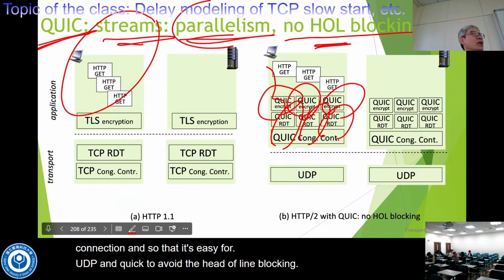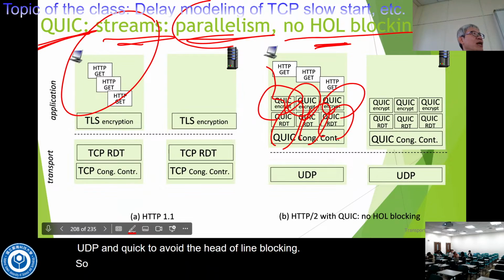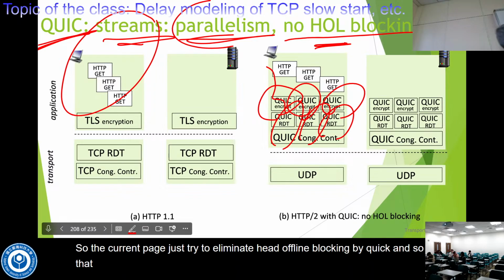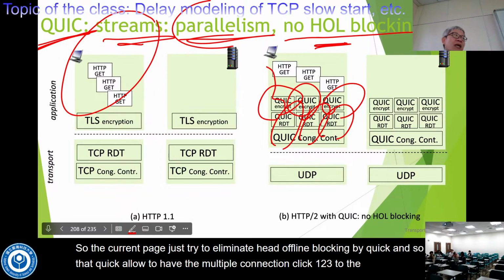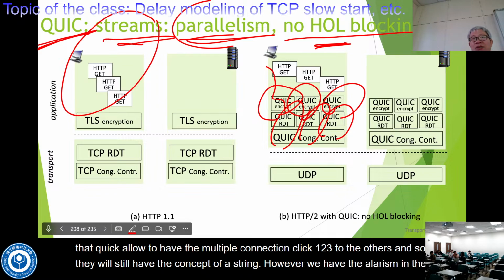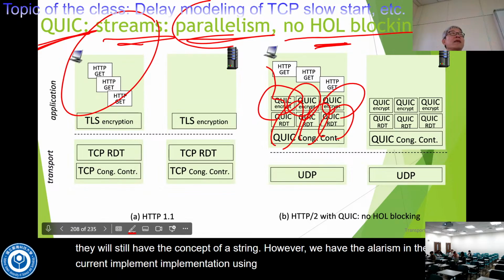So the current page tries to eliminate head-of-line blocking by QUIC, so QUIC is allowed to have multiple connections, QUIC 1, 2, 3 and the others, and so we still have the concept of a stream. However, we have the parallelism in the current implementation using QUIC for HTTP version 3.